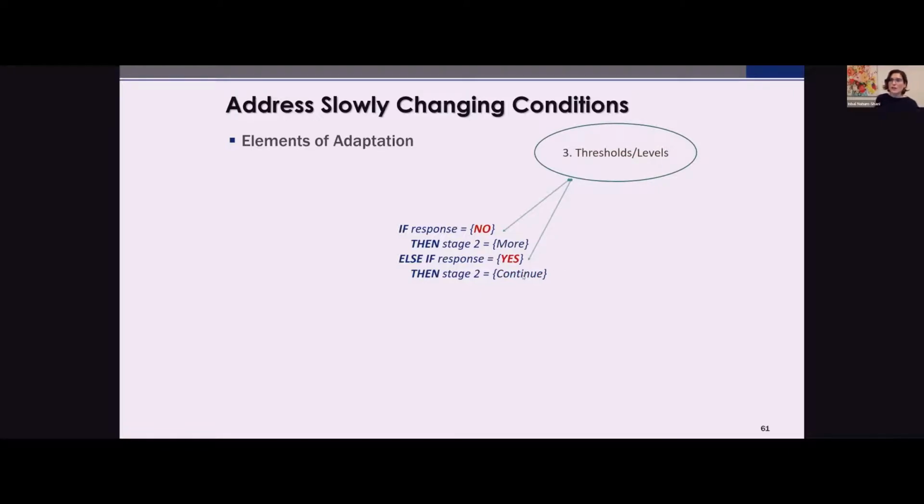The third element are the thresholds or the levels of the tailoring variable that differentiate between conditions in which we need to provide one component versus another. You see the no and yes here. These are the levels of the tailoring variable response status, which differentiate between conditions in which we need to provide more support versus continue.